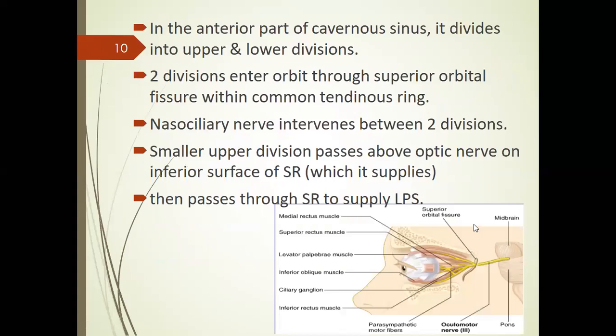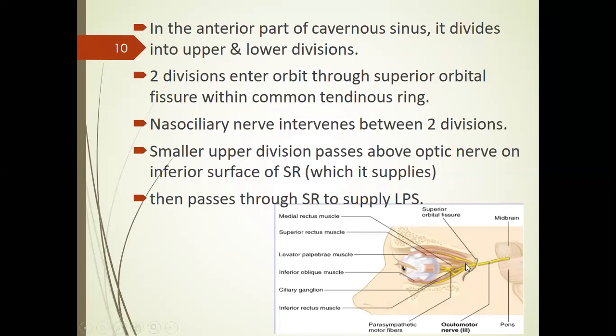So in the anterior part of cavernous sinus, it divides into upper and lower divisions. Then it enters into orbit through the superior orbital fissure within the common tendinous ring, and in between upper and lower division, you will get nasociliary nerve. So nasociliary nerve intervenes between two divisions. The smaller upper division passes above the optic nerve.